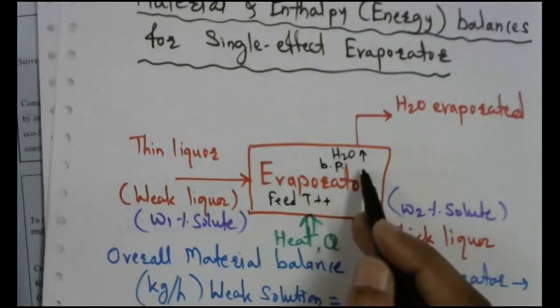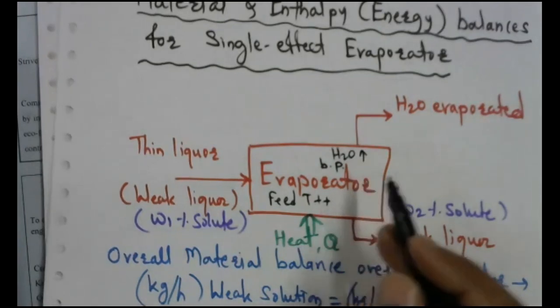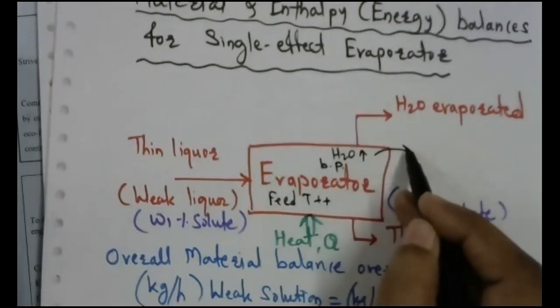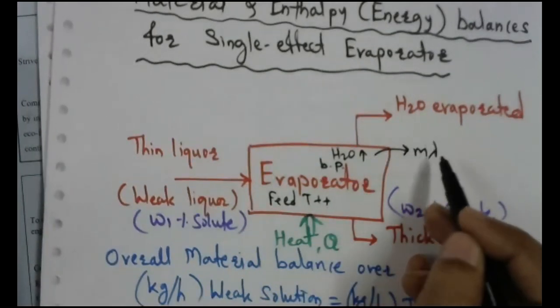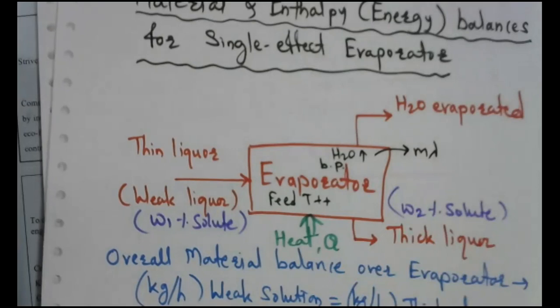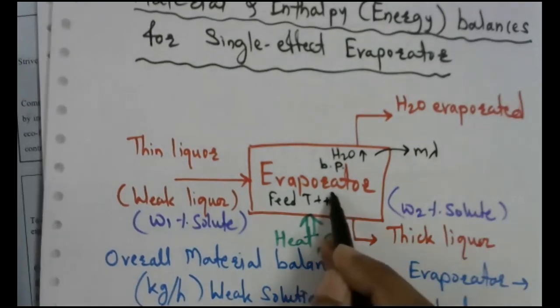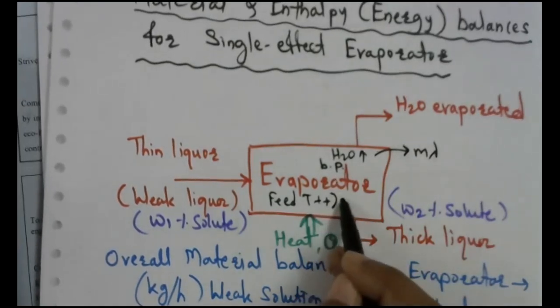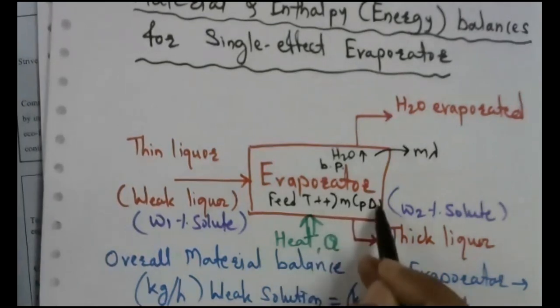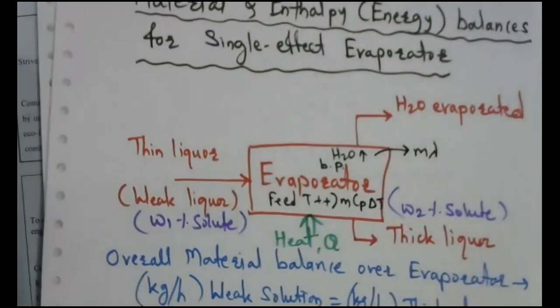So here the phase change takes place, and that is why the heat transfer calculation is as per m lambda, and when it is only sensible heat, then it is mCp delta T, right?